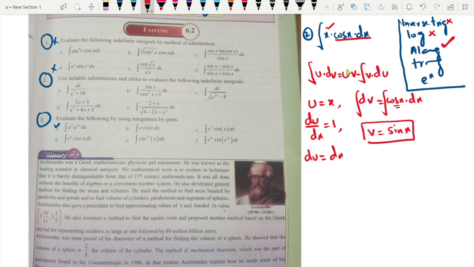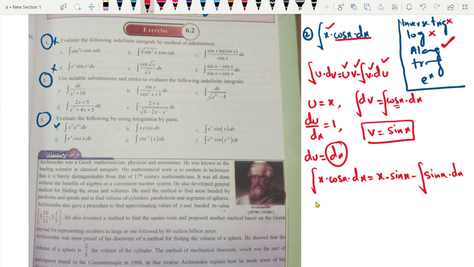and du is equal to dx. Now putting the values of u, v and du, this will become the integral of x cos x dx is equal to u into v, where u is equal to x and v is equal to sin x, minus the integral of v into du, du is dx. So we have x sin x minus, the integral of sin x, the derivative of cos x is minus sin x, so this is equal to minus cos x plus c.